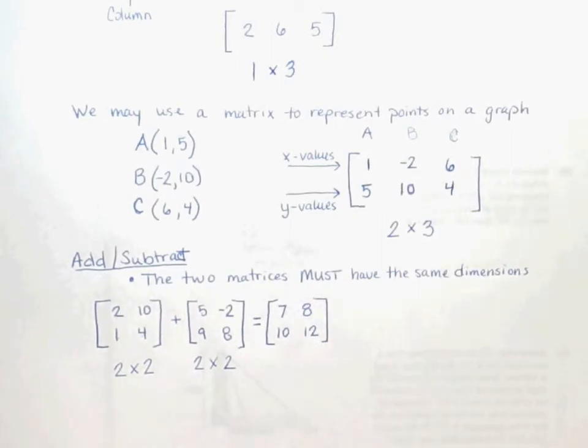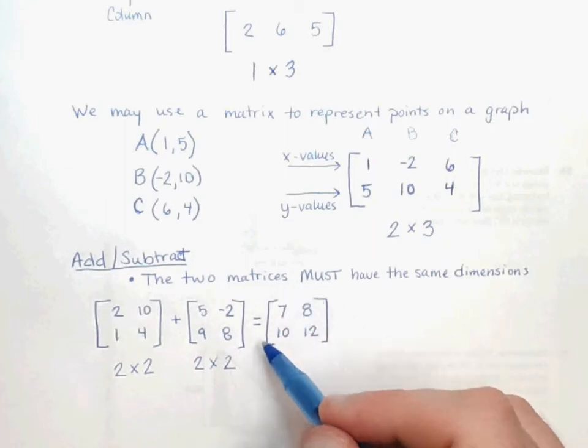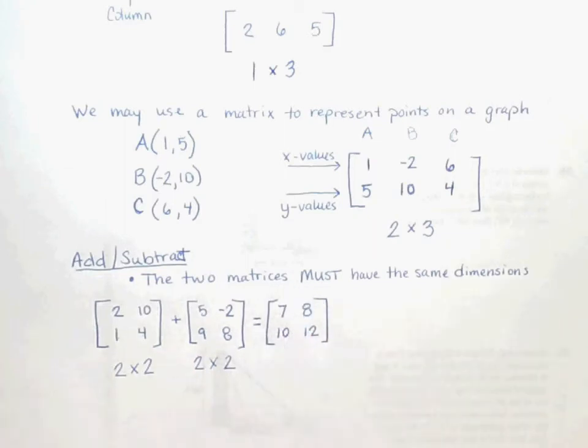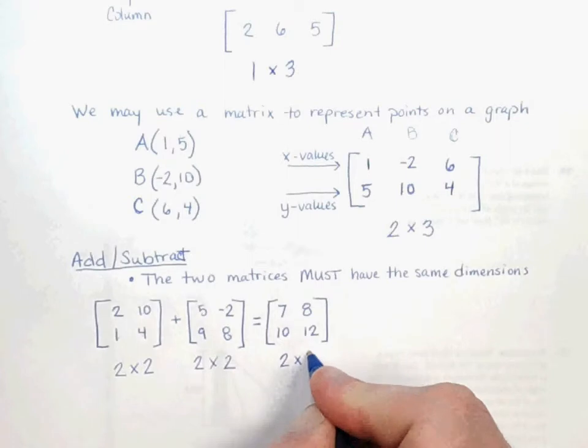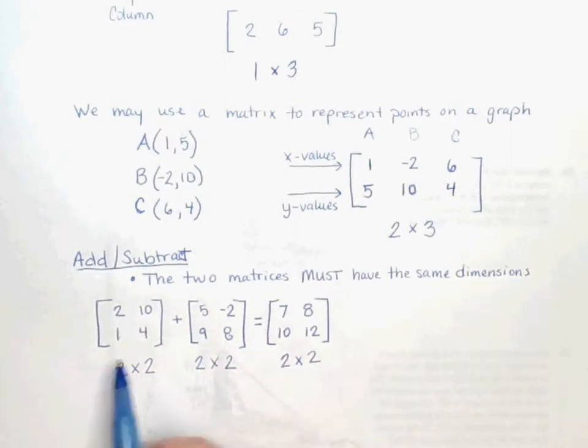So this is what I like to call the answer matrix. You'll see that when we add or subtract, the dimensions of our answer matrix are also the same as the dimensions of the other two matrices that we used to add.